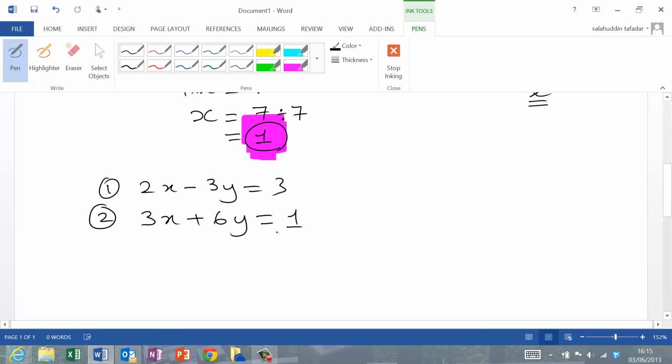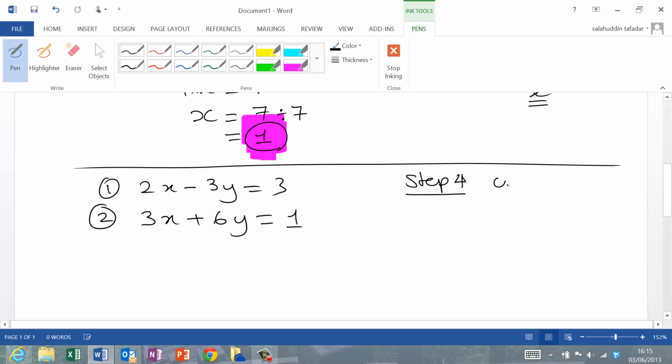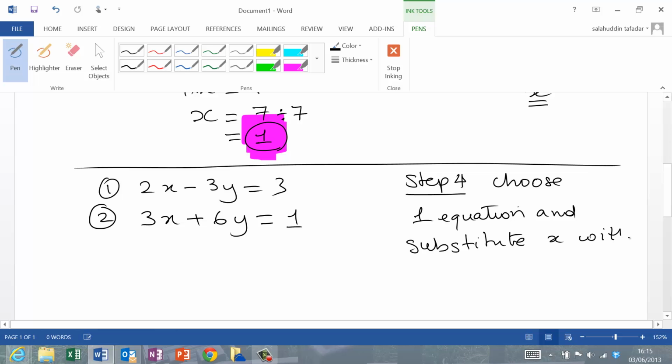What I want you to do for step 4 is choose one equation and substitute. In other words, change x with the previous answer we found.